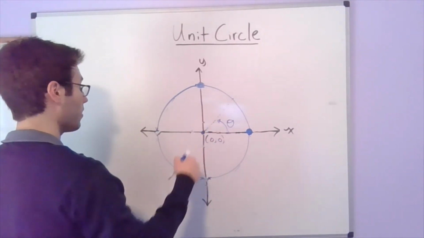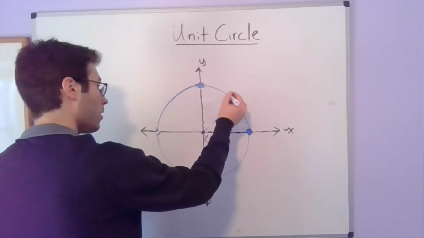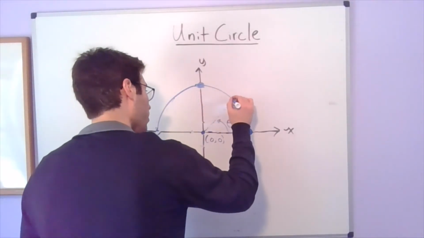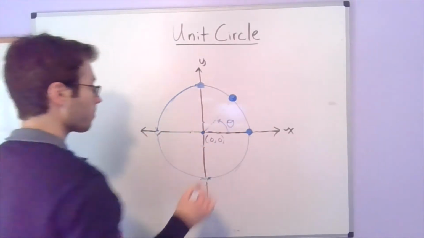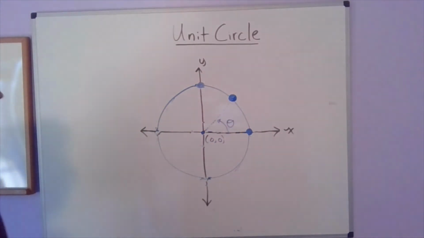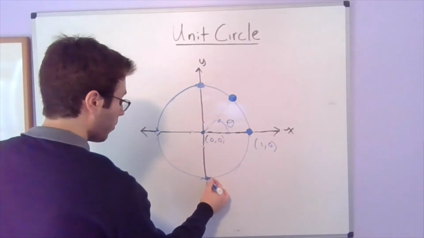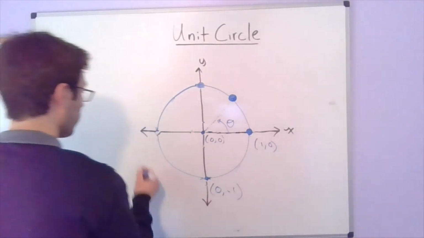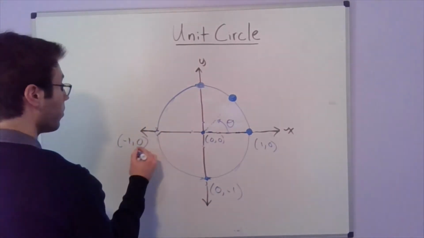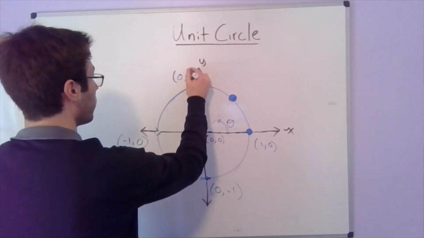If it's up here, it's positive. Now, this value for theta, we consider this point right here. Stab it right there. Again, this is the unit circle. This is 1, 0. This would be 0, negative 1. This would be negative 1, 0. And then this value would be 0, 1.